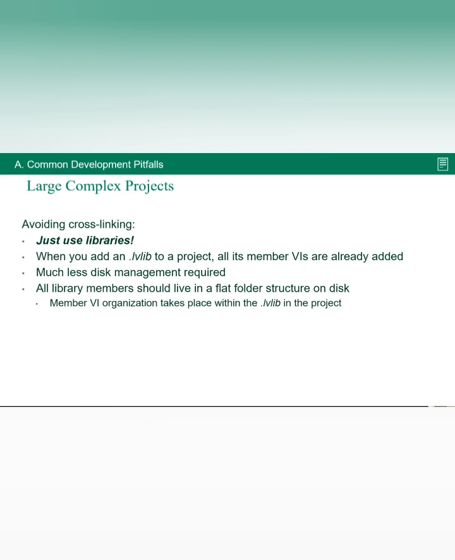Don't do any of that on disk. All of your library members should be in a flat folder structure on disk, a folder that contains your .lvlib and all of the member VIs of that library. Leave the organization to the project window. Do your organizing of your library members under the LVlib entry in the project, not on disk. Your disk should just be a flat file structure for all libraries. That's my advice.